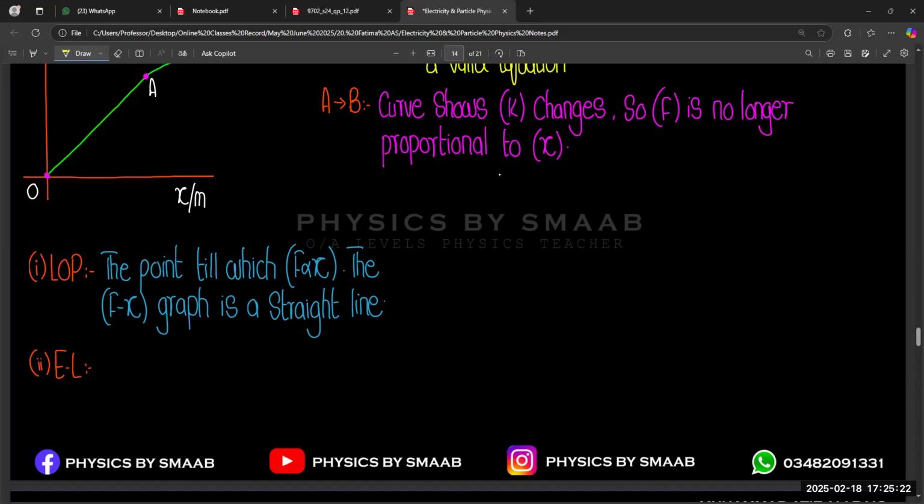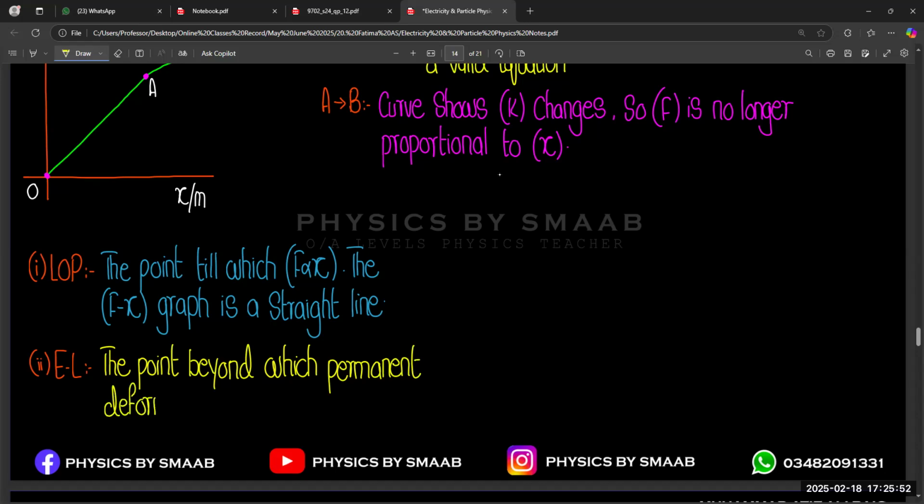So it is the point beyond which permanent deformation occurs. So this is the difference between elastic limit and limit of proportionality.